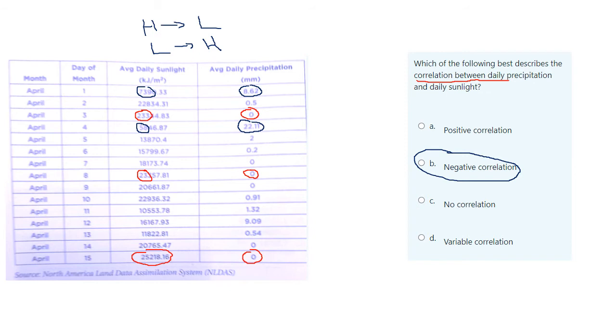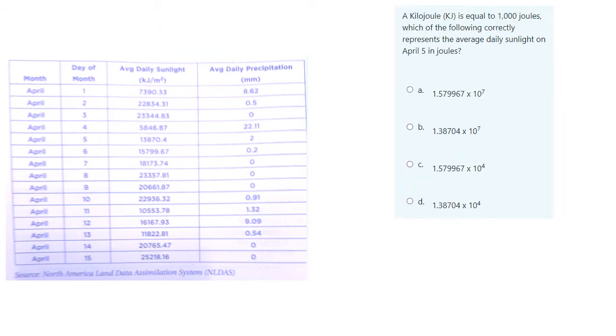A kilojoule, kJ, is equal to 1000 joules. Which of the following correctly represents the average daily sunlight on April 5 in joules? So April 5 is here.